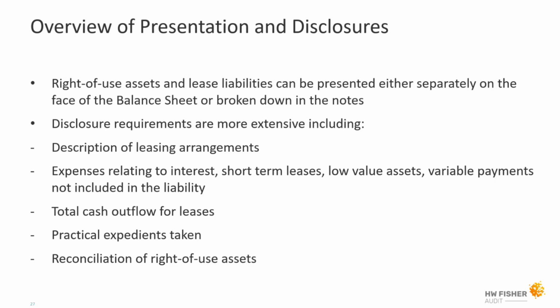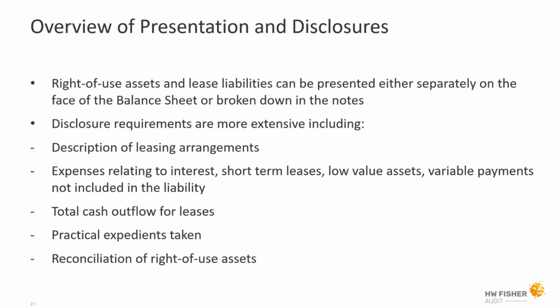You've also got to disclose variable payments not included in the liability. So coming back again, if there are some variable payments that don't meet the criteria, so that aren't linked to a fixed index, you are going to have to start thinking about disclosing those. What are those variable payments? You're going to have to put those in.